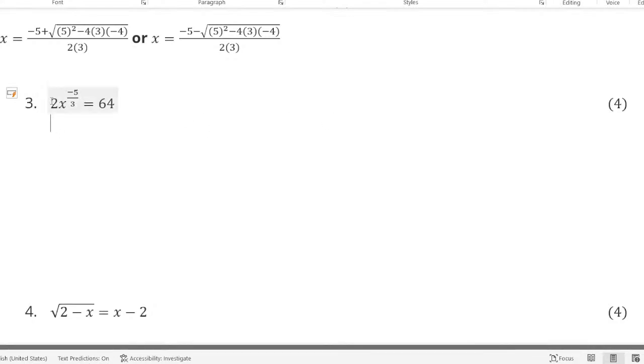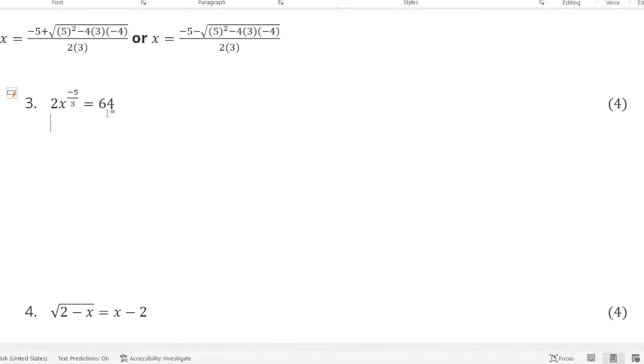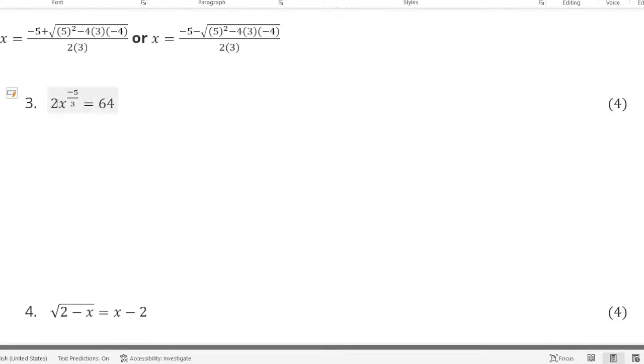So here we have 2x to the power negative 5 over 3 is equals to 64. So when you're solving an exponential equation, you must make sure that everything is in exponential form. So remember, we have this coefficient. So first things first, we have to remove this coefficient, right?